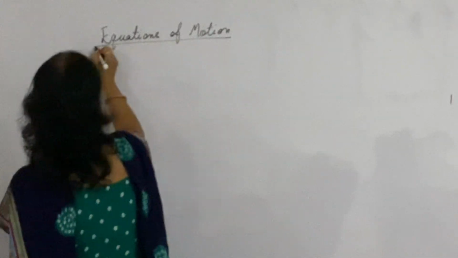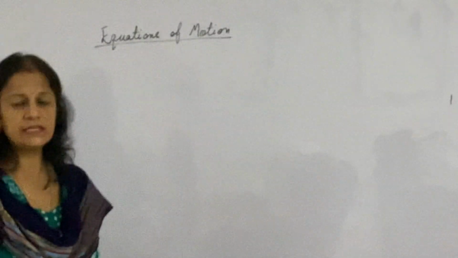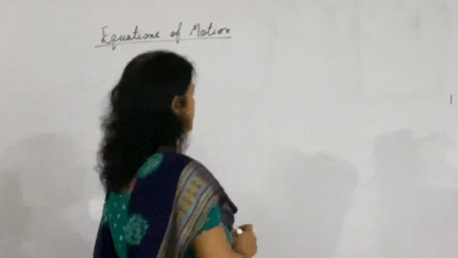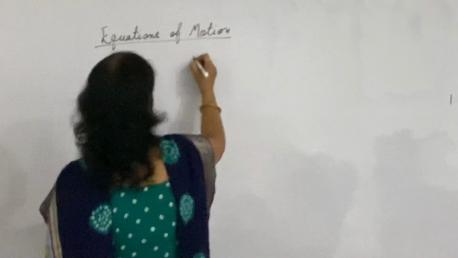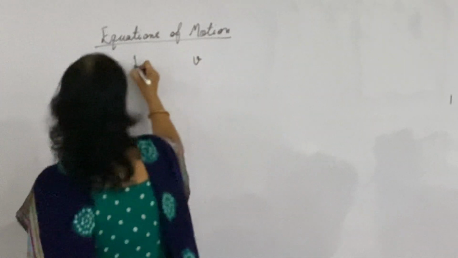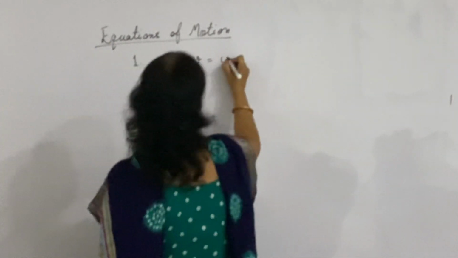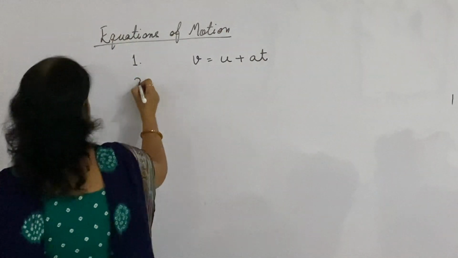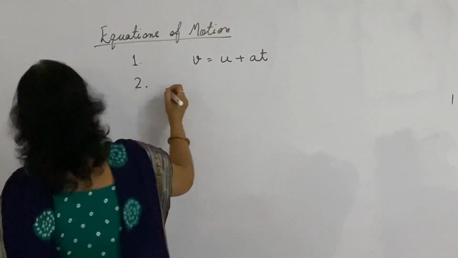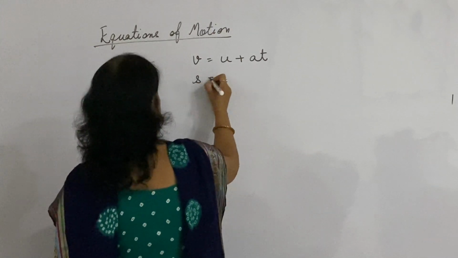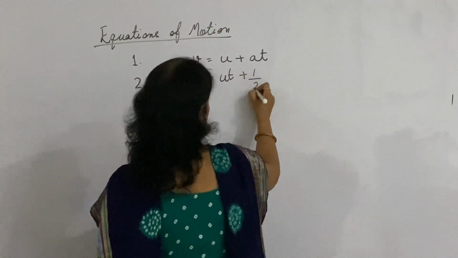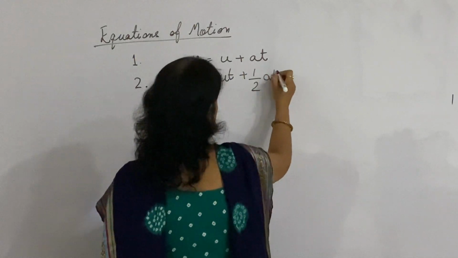Equations of motion relate the initial velocity, final velocity, acceleration, time and the displacement. The first equation, which we already studied, is V = U + AT. Second equation is S, displacement, equals UT + half AT square.